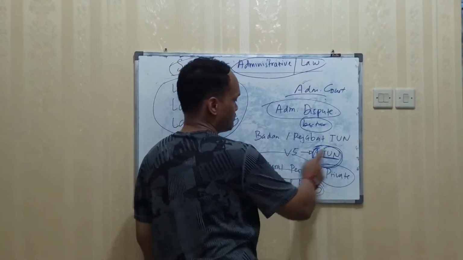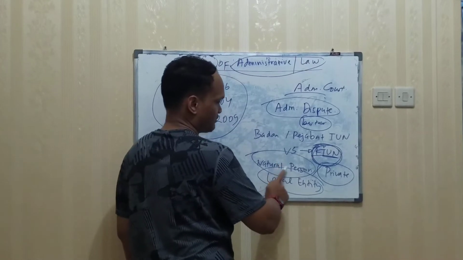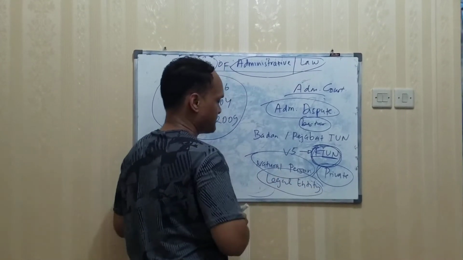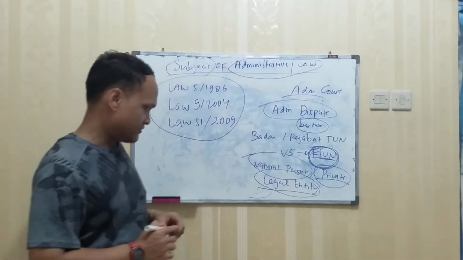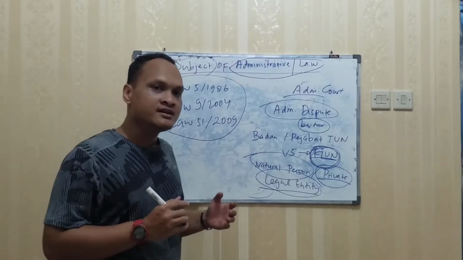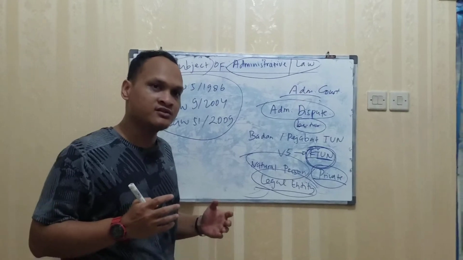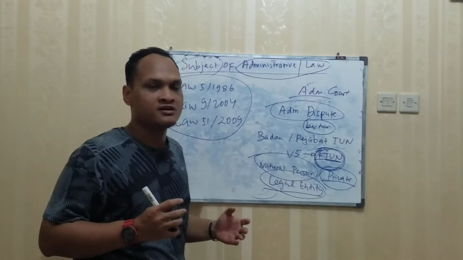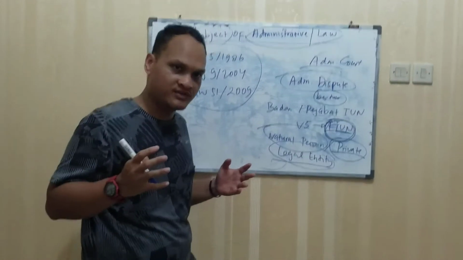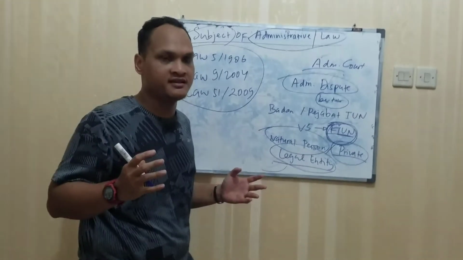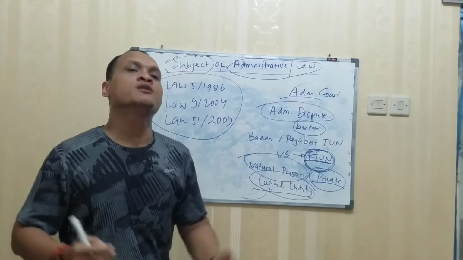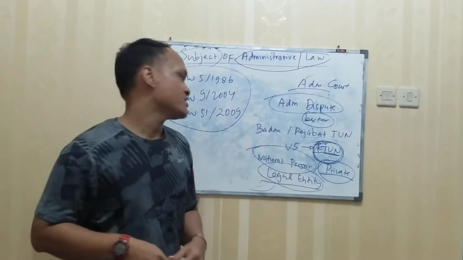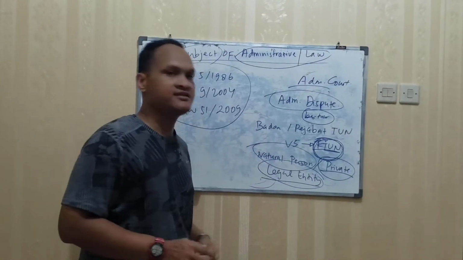Badan or pejabat TUN versus natural person or private legal entity. Private legal entity here means the legal entity is established for the interest of the founder, not for the public interest. For example, limited liability company PT. When you and I build the PT, we build it for our interest to get profit. So it's called private legal entity.